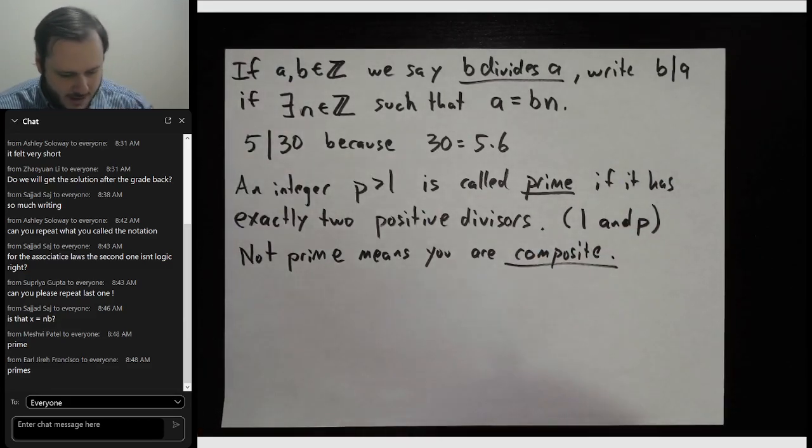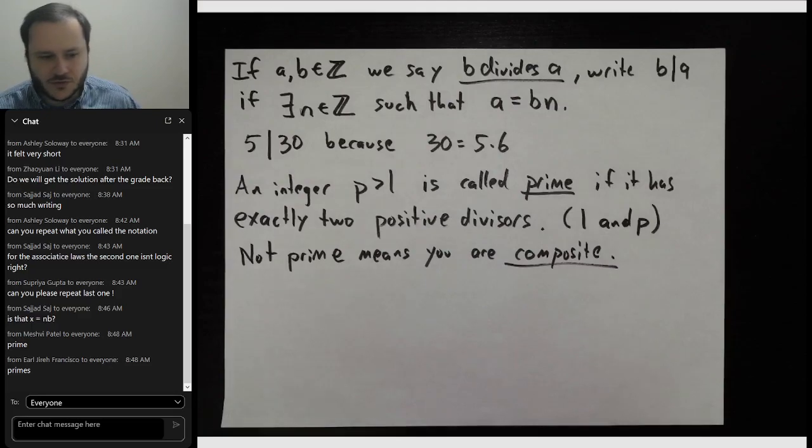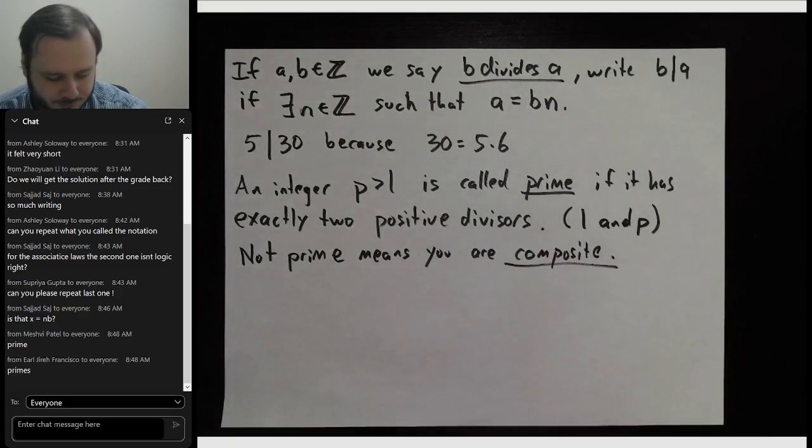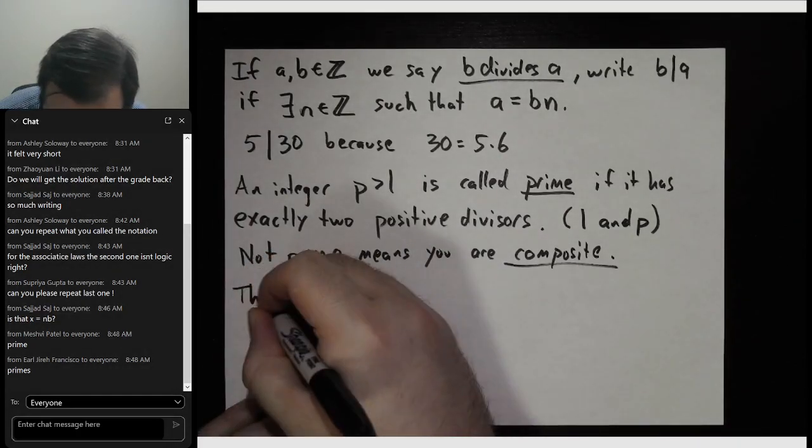Okay. And so we want to do some work with prime numbers and divisibility. We want to prove some theorems about them. So let's get some practice doing that. So theorem.